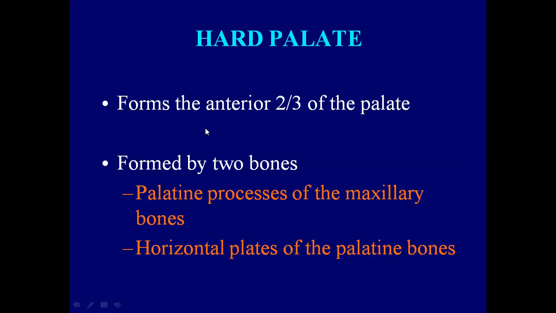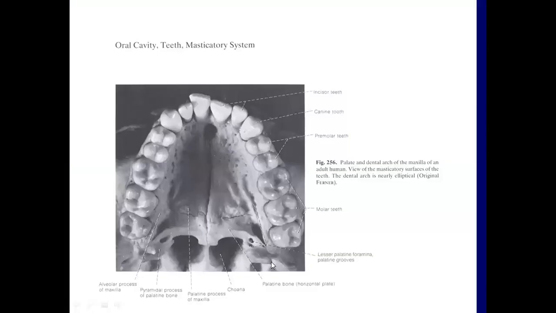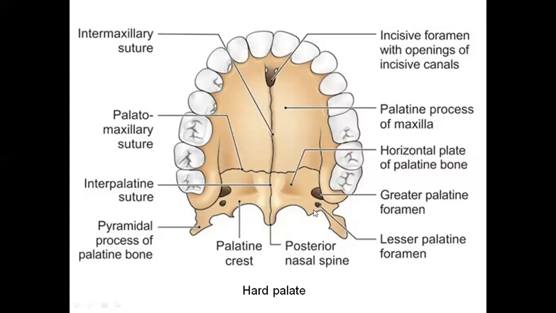The hard palate forms the anterior 2/3 of the palate, which is formed by two bones: the palatine processes of the maxillary bone and the horizontal plates of the palatine bone. The hard palate was discussed when we were doing norma basalis also.